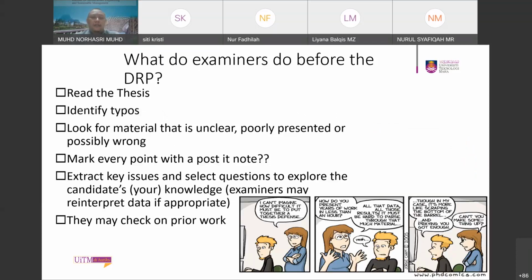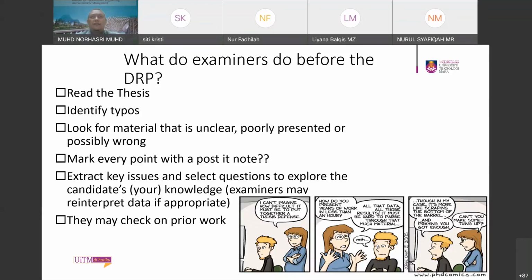Myself as a panel and also supervisor, the first thing that I will check from my student and from the candidature is typos. Okay, so nobody is perfect. Maybe some minor corrections on the typos, but this is the thing that can somehow reflect on your preparation.